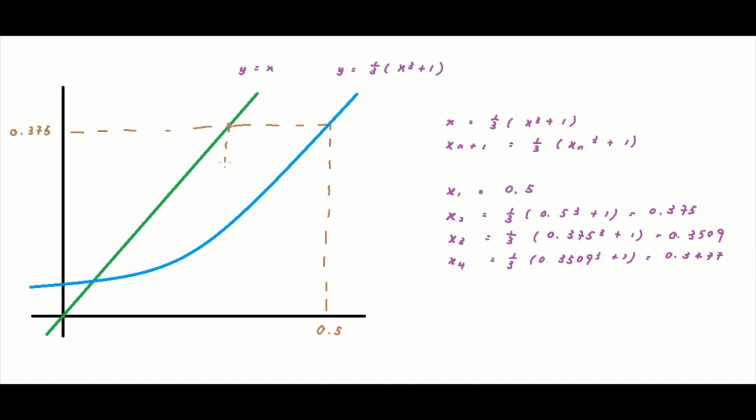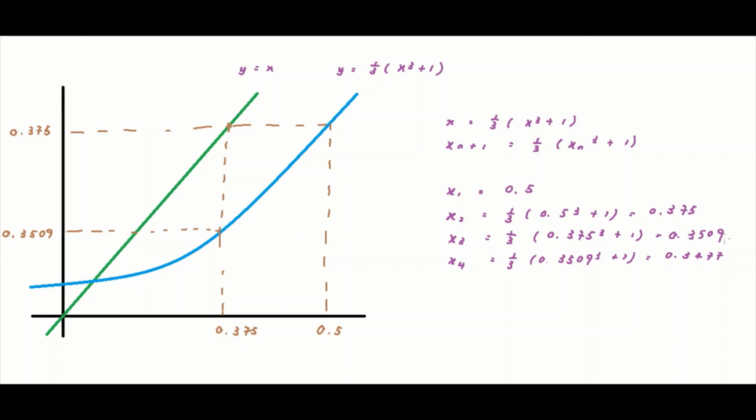The x is actually the 0.375 that we are finding, because x equals y at this point. Then I substitute 0.375 and I get 0.3509. So the next value I am getting is here, meaning this point is 0.3509, because I substituted inside the equation and this is what I get for my y.